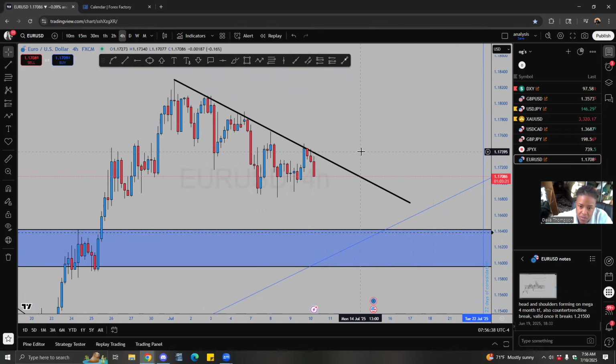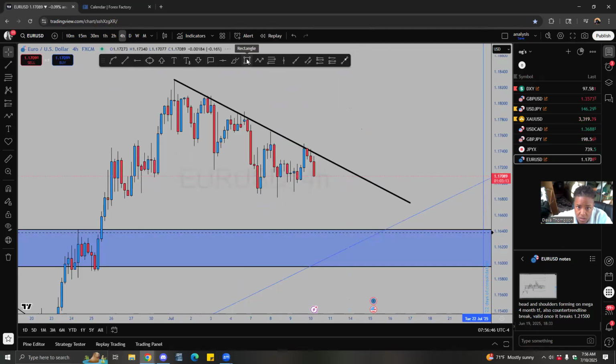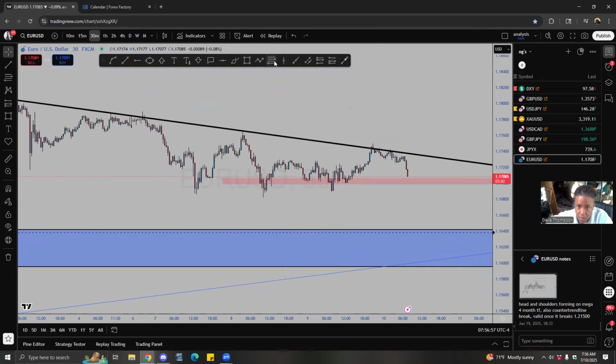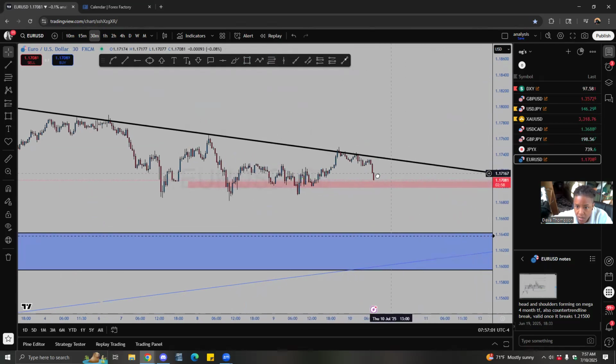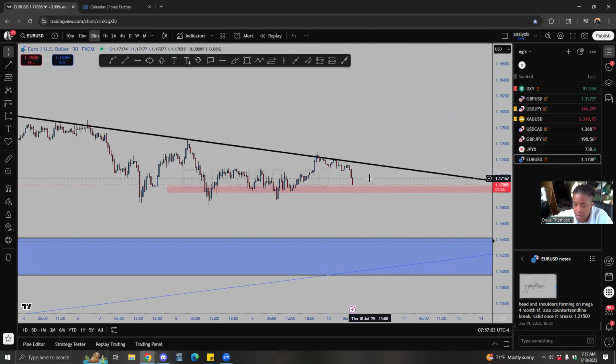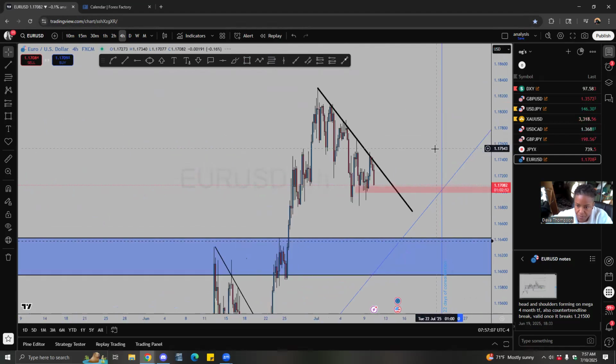I probably wouldn't get involved in EU until I see a very clear break, but at the same time, if I happen to see some type of double bottom on the smaller time frames, I'd probably buy just because I believe myself to have an understanding of where price is going to go today, but yeah.